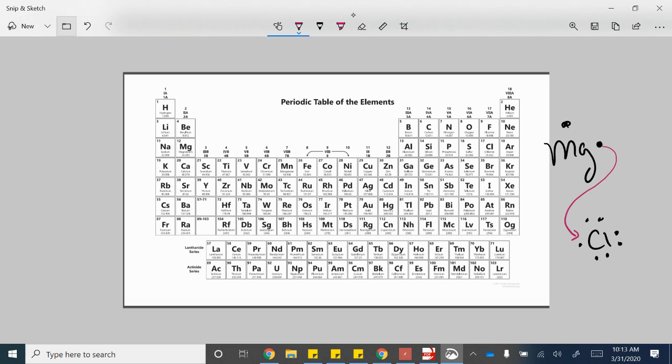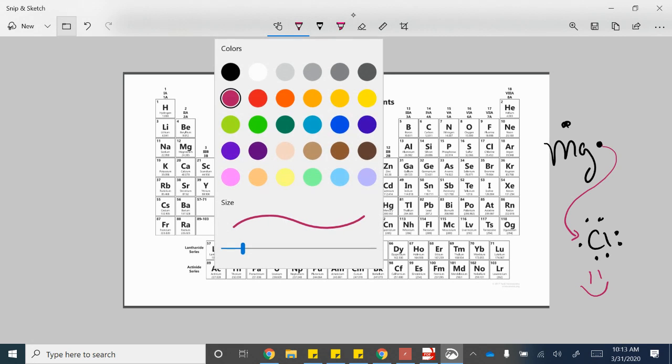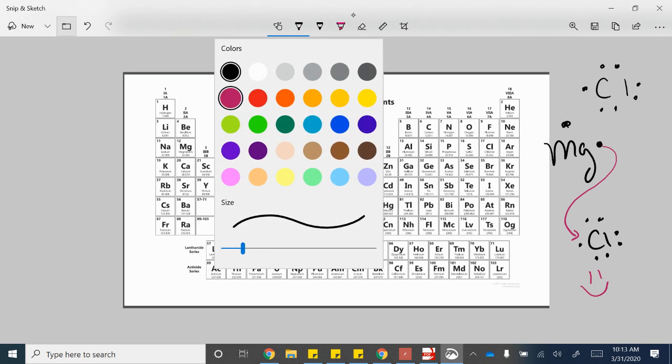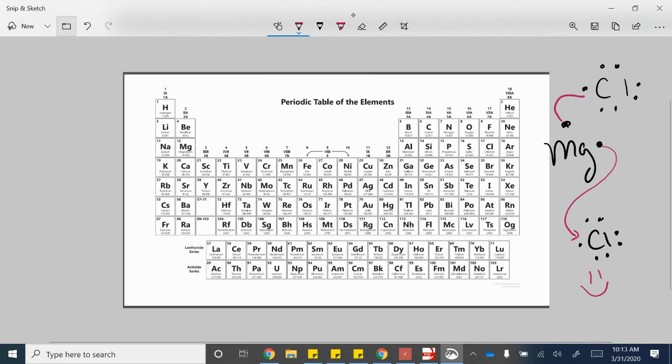The chlorine becomes happy. It's like, I look like argon, I'm so cool. But the magnesium's not happy because the magnesium still has that 1 valence electron. So another chlorine needs to come in and help the homie out. So that chlorine comes in, stay consistent with these colors, and it will accept that electron from the magnesium.